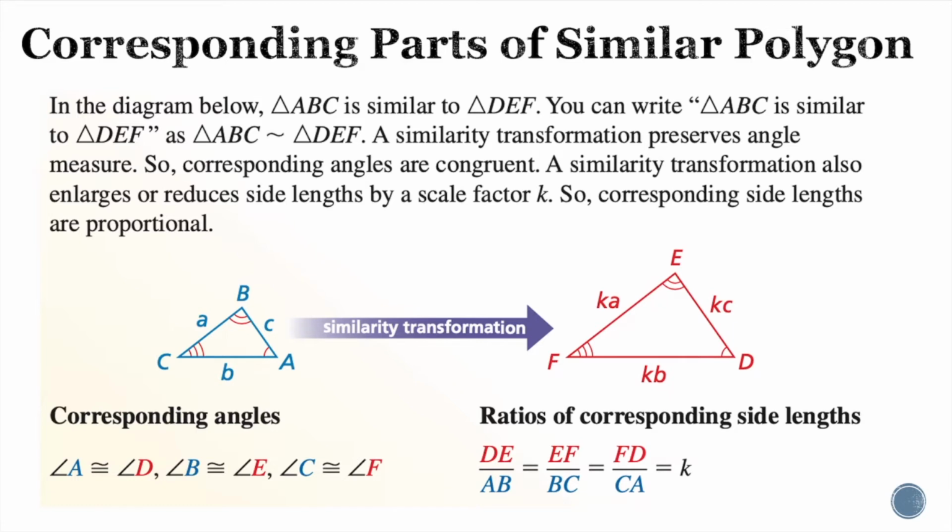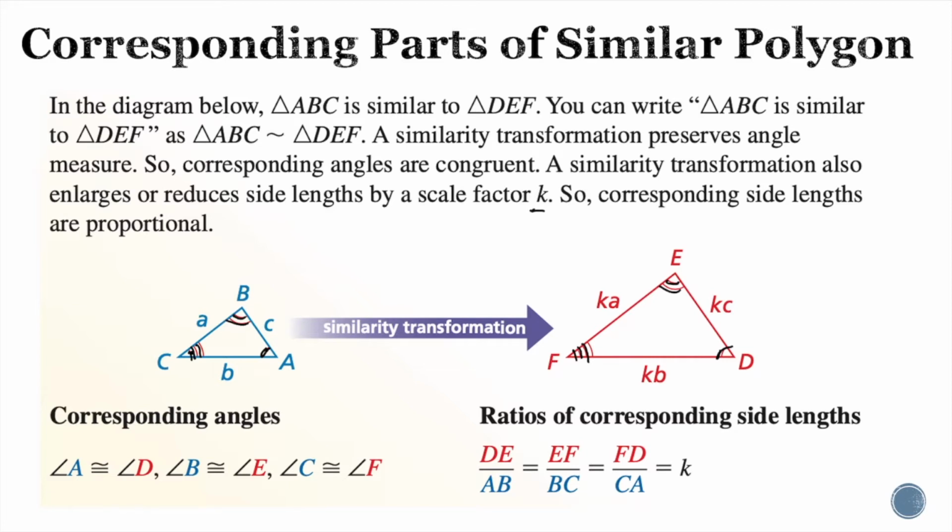Great. So corresponding angles are congruent. As you see in my diagram, angle A is congruent to angle D, angle B is congruent to angle E, angle C is congruent to angle F. And if we have a similarity transformation that either enlarges or reduces my figure, like I stated in the previous slide, we multiply it by a scale factor of k.